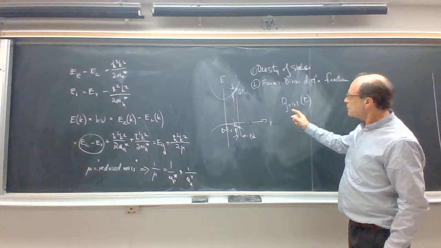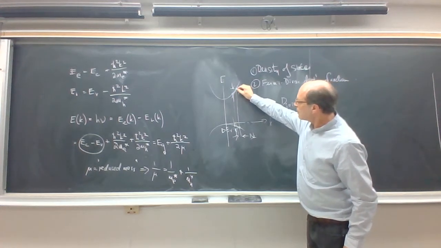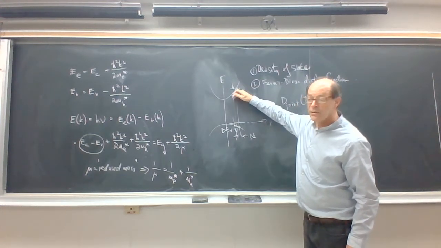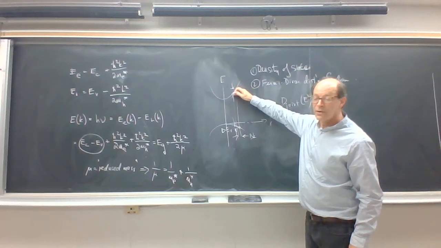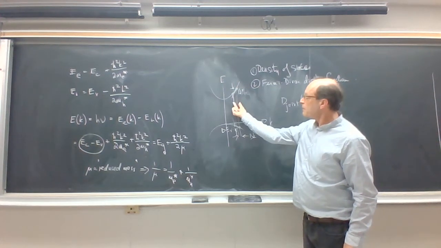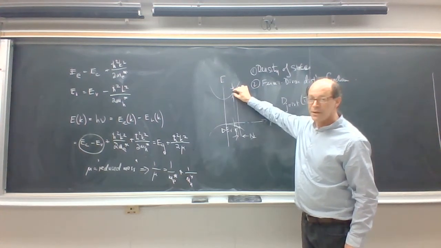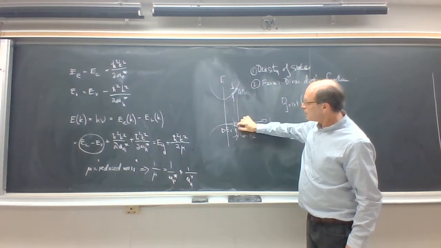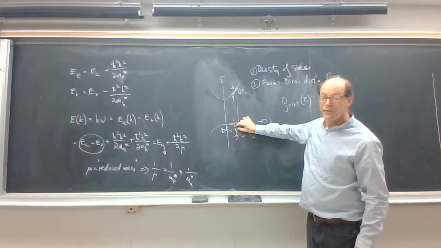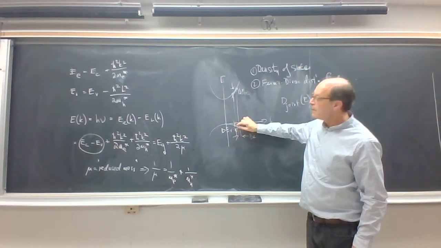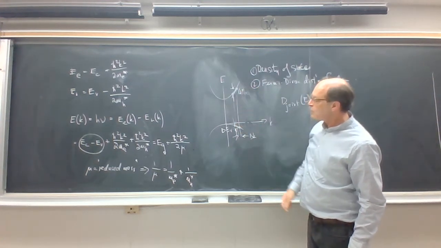Remember, we have a density of states for the states in the conduction band that tells us the number of electron states per unit energy range in the conduction band. And we have a density of states for states in the valence band. But what we really need is the density of states where we add these two bands together.